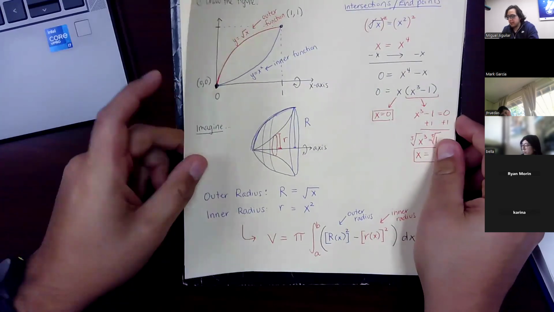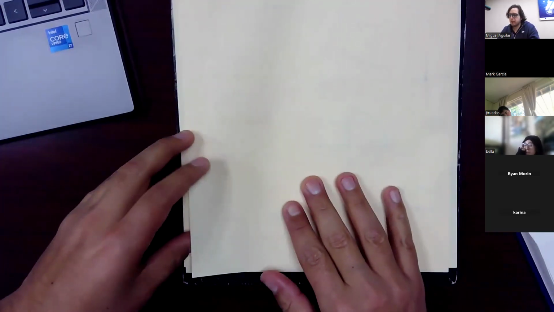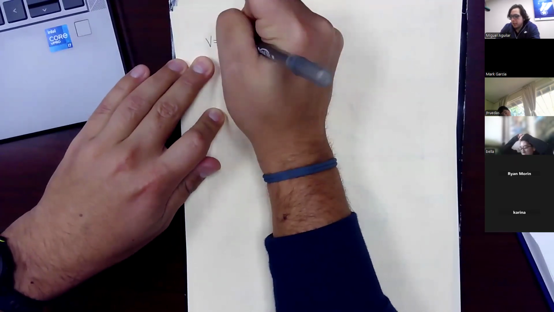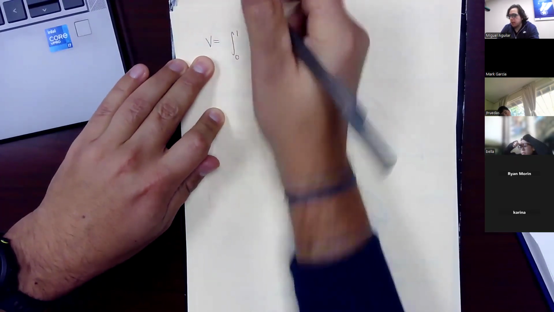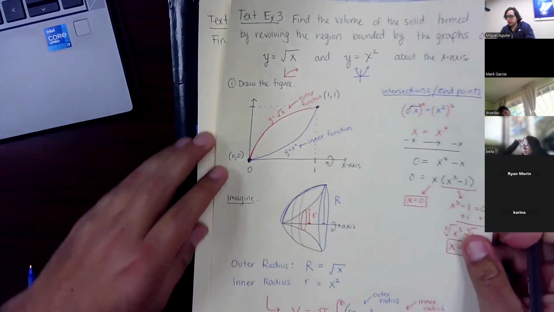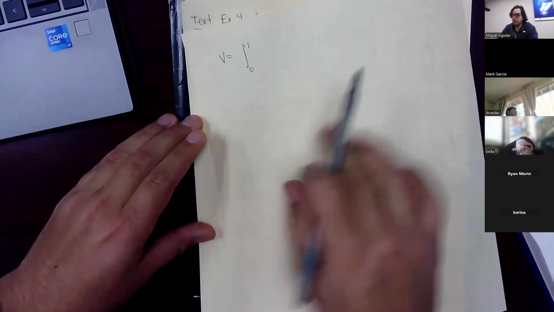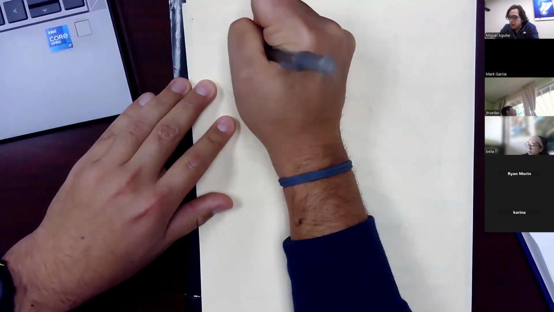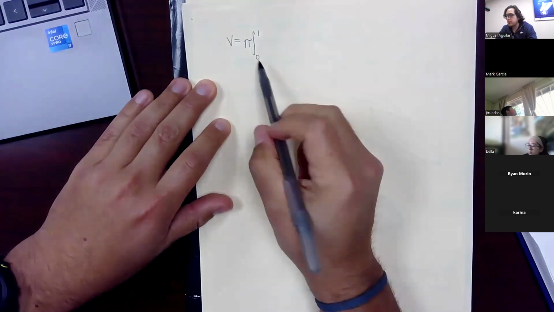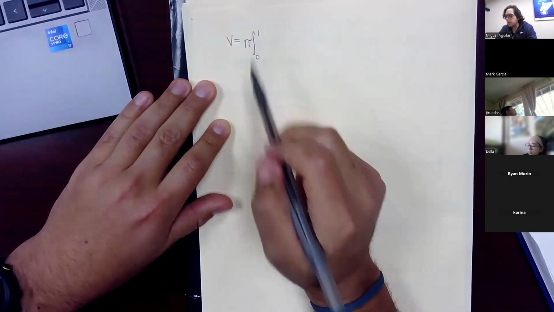Okay, well, let's start. So the volume is going to be integrated from 0 to 1, since if we look at our image, we're just going from 0 to 1 on the x-axis. We have a pi out here that I was forgetting. So pi times the integral from 0 to 1.